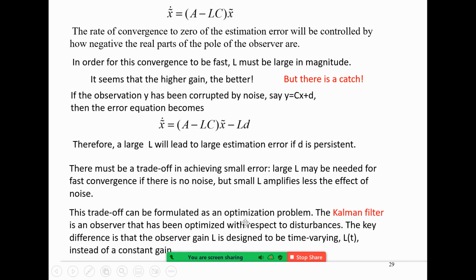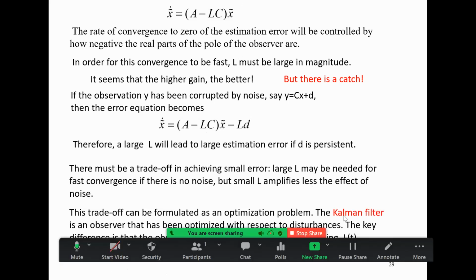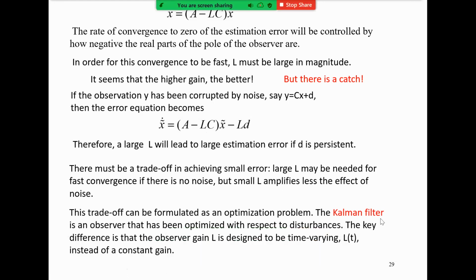This trade-off actually can be formulated as an optimization problem. That's why the Kalman filter was introduced to optimize the observer design.